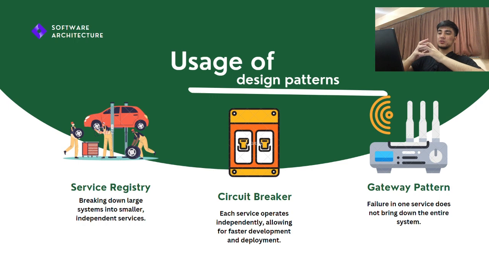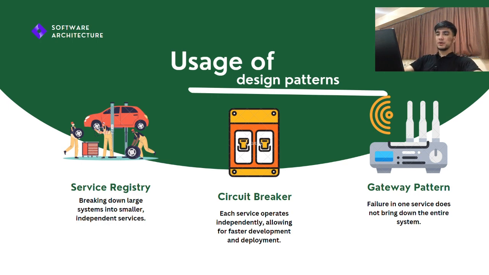Using the service registry pattern makes it simple for services to find each other even if they're constantly moving around. So if one service has a problem, the registry helps redirect requests to another healthy service, keeping the system running smoothly. However, setting up and maintaining the registry itself requires careful planning to make sure it's reliable and doesn't slow things down.